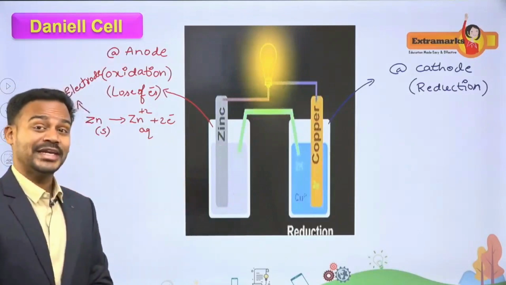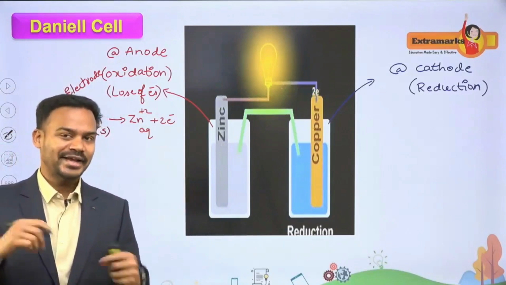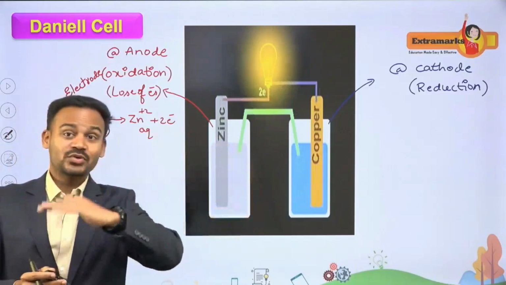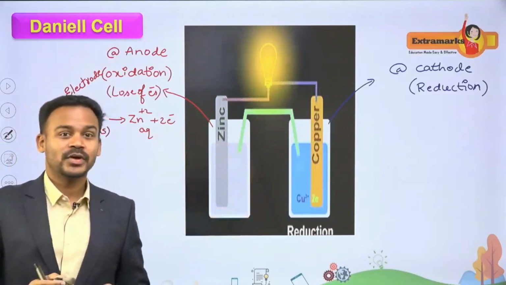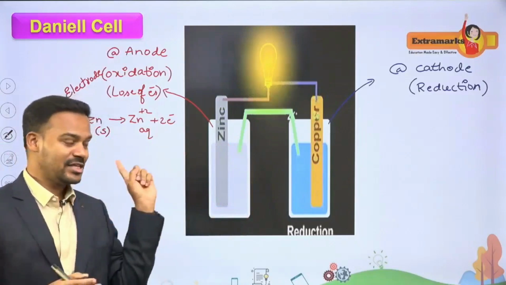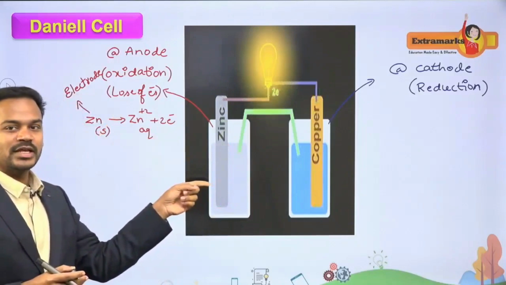What about the electrolytic cell? In the electrolytic cell, you have seen during electrolysis that it is the ions which undergo discharge. The positive ions go and discharge, and the negative ions go and discharge. That is completely different. There it is the ions that participate, and here it is the electrode that undergoes oxidation. Clear with this?